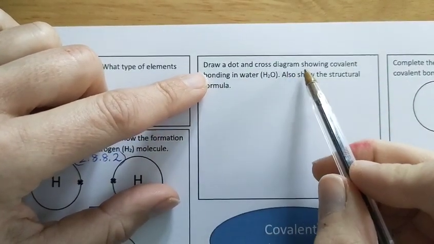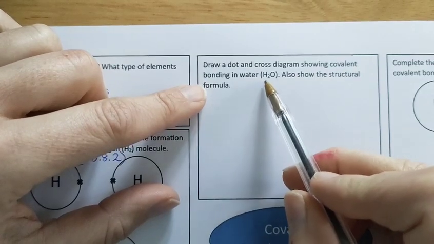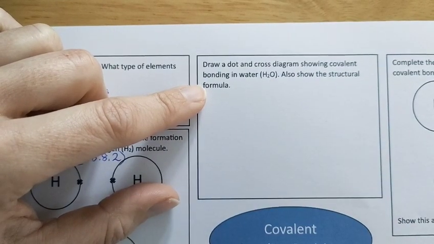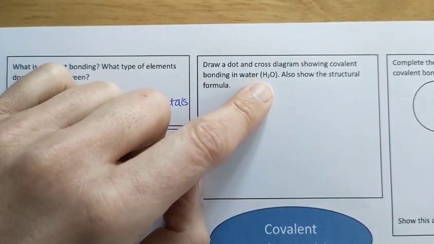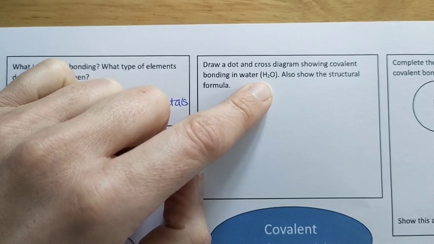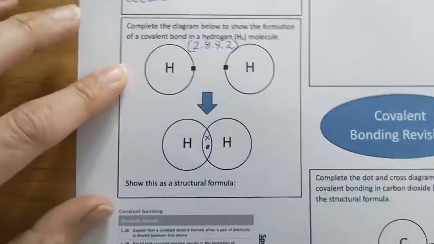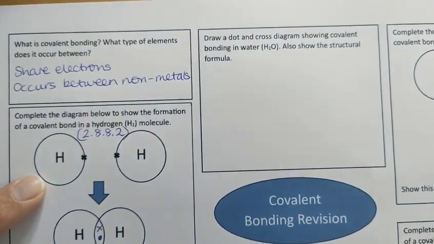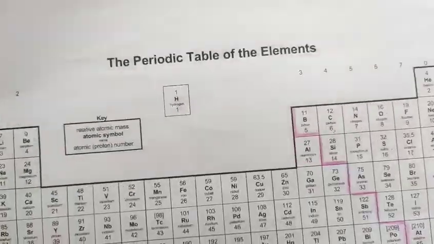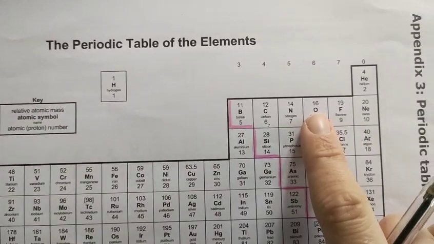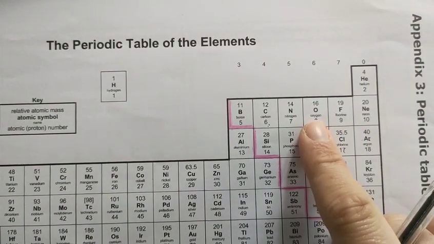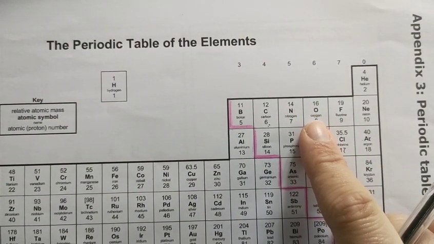Draw a dot and cross diagram showing the covalent bonding in water H2O. Also show the structural formula. So I'm going to bring along my handy periodic table to help me with this, because I've got hydrogen here, so that's already drawn out. So then let's find oxygen. So oxygen is here, it's in group 6, which I will recall means that it has 6 electrons in the outer shell.